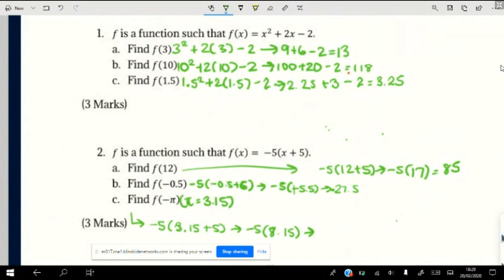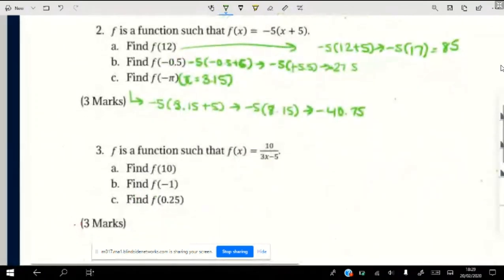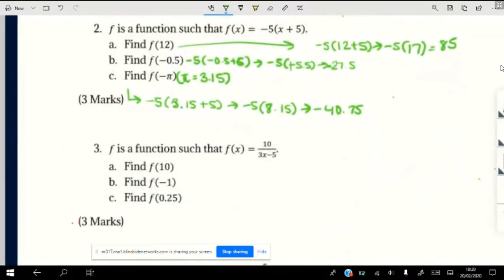Oh, so she was there like 10 minutes ago. Wait, your answer is minus 40.75.